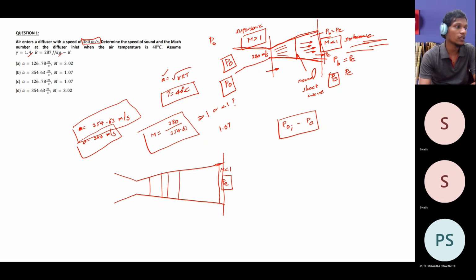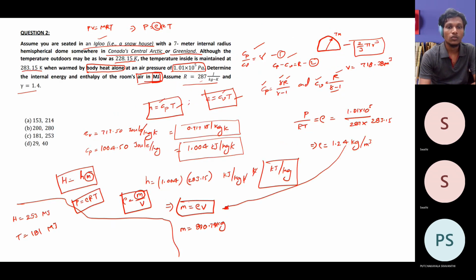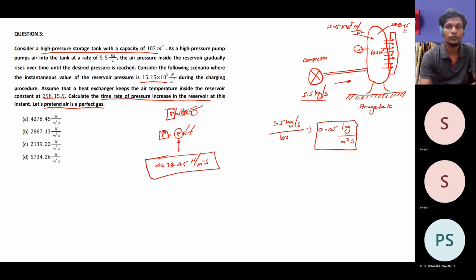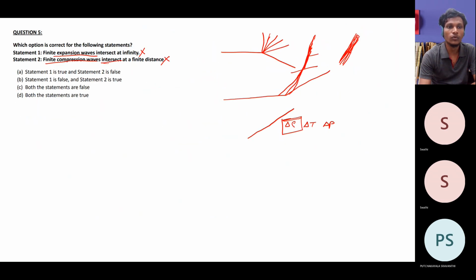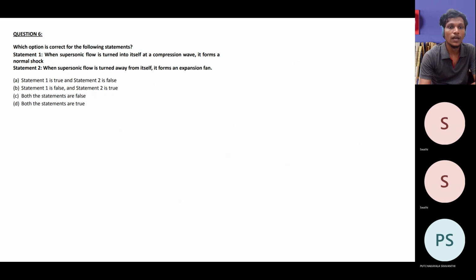This question is also related to enthalpy, the amount of energy, and the compressor. These are the questions that we solved in the last session, and let's see the remaining questions in this session.